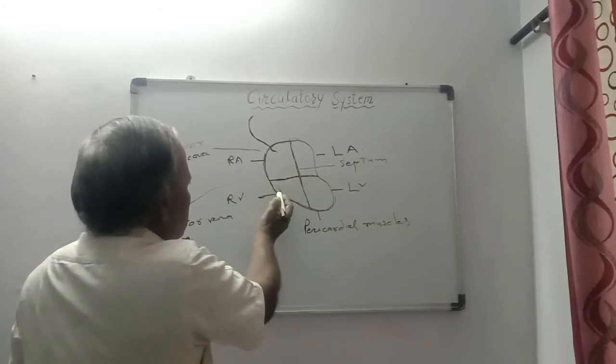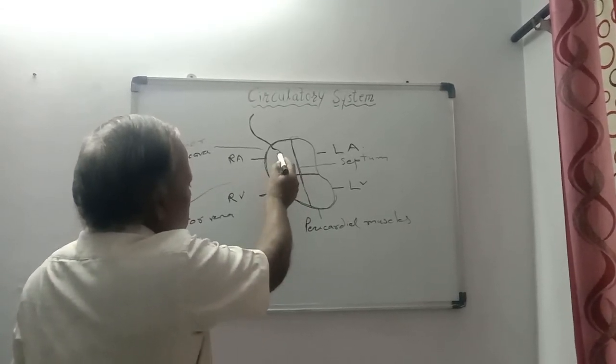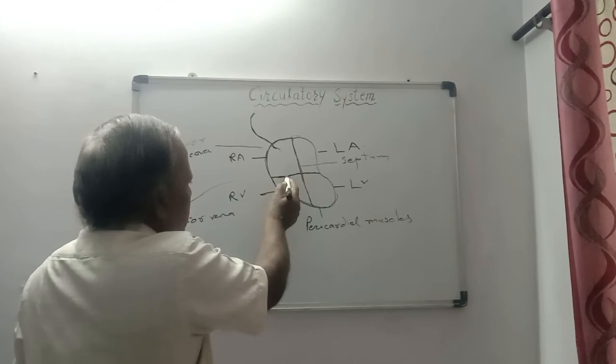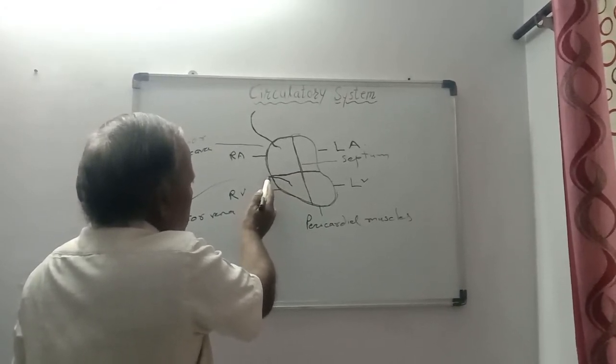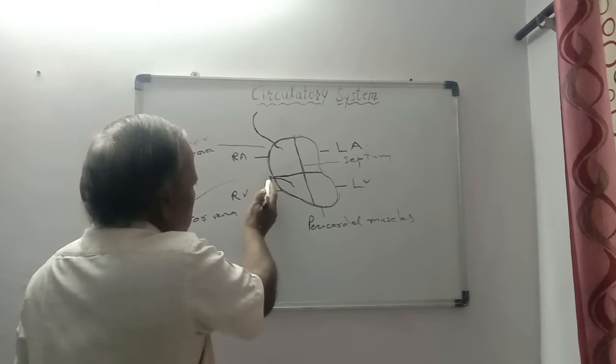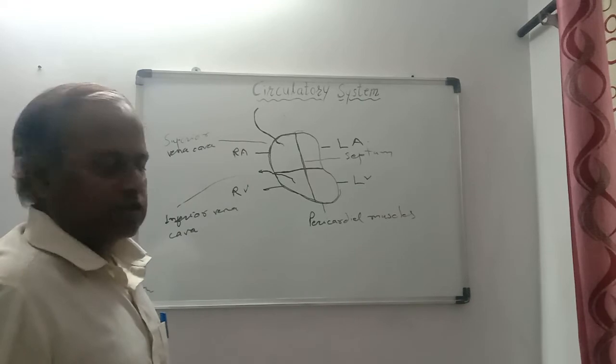Now this blood, after contraction, will enter into the right ventricle and by the pulmonary valve it will be taken to the lungs for oxygenation.